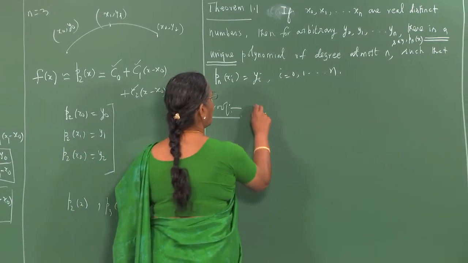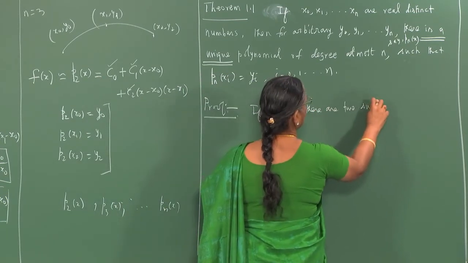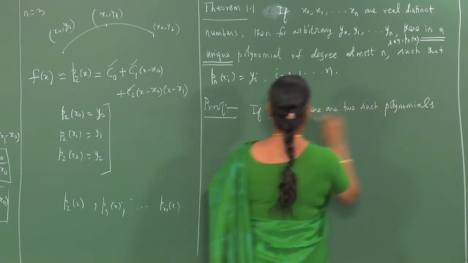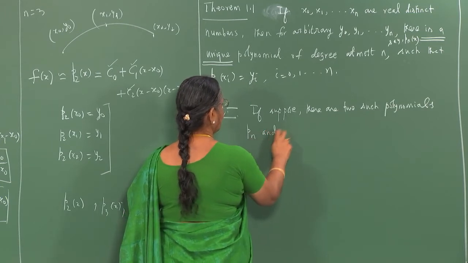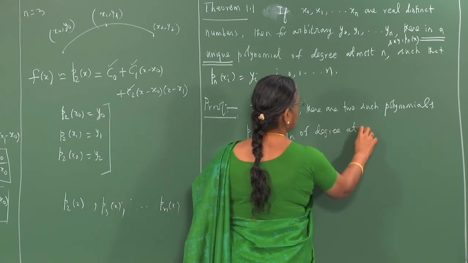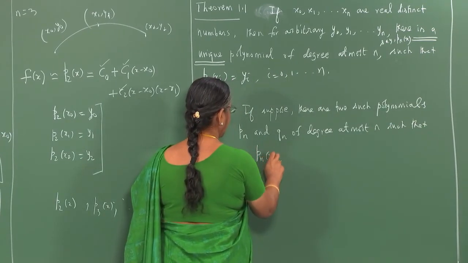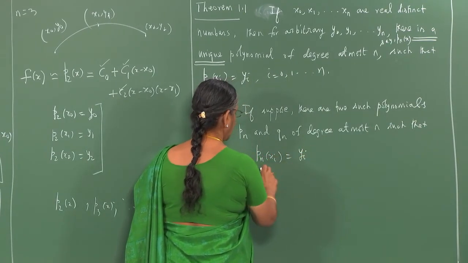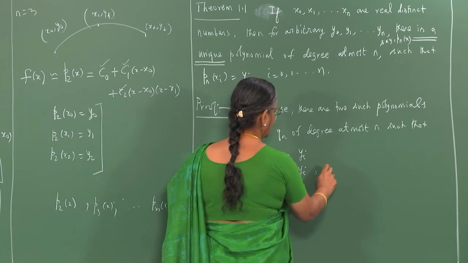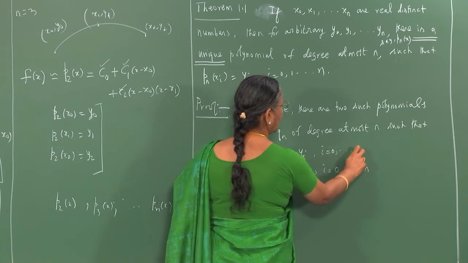So, let us assume on the contrary, suppose there are two such polynomials Pn and Qn of degree n, such that Pn satisfies the condition Pn of xi is yi, and Qn also satisfies the condition Qn of xi equal to yi for i is equal to 0, 1, 2, 3 up to n.